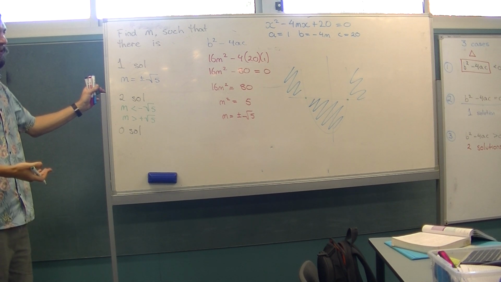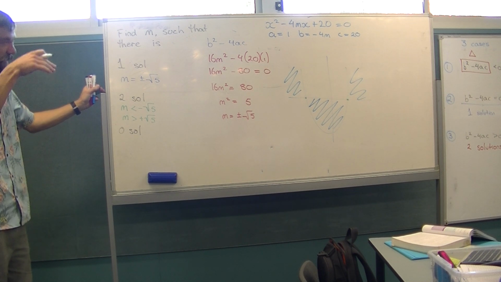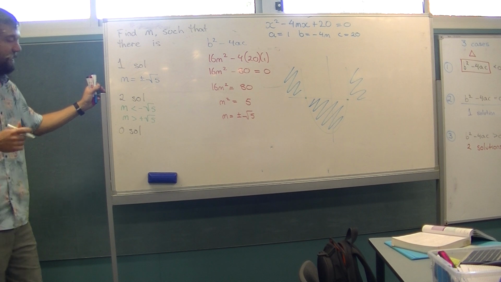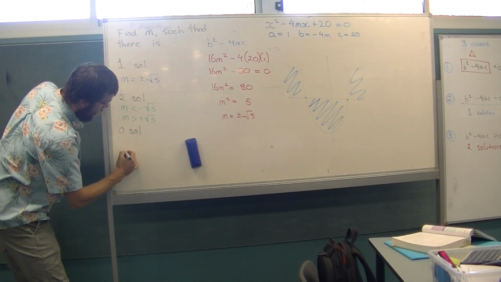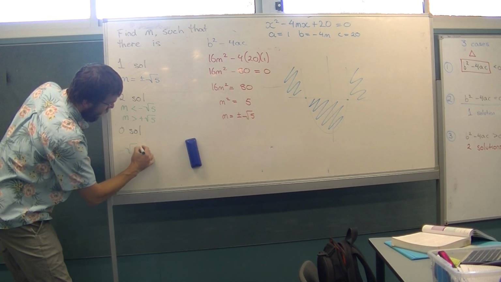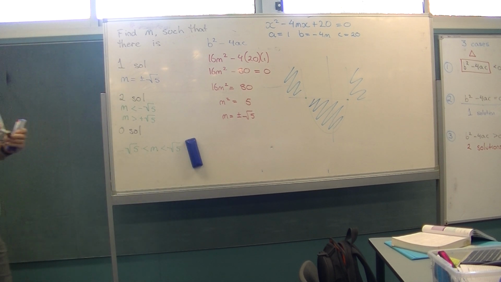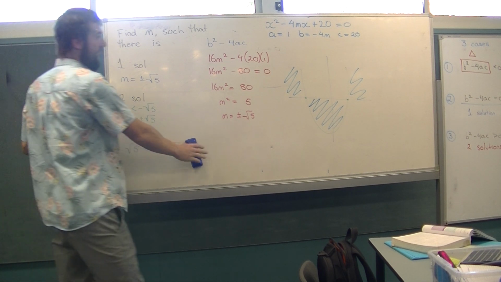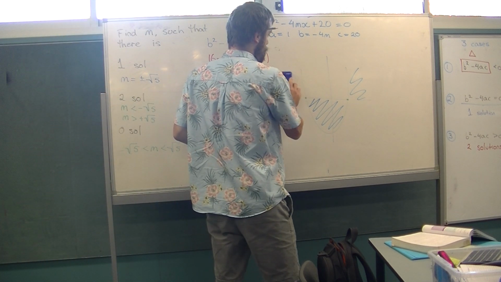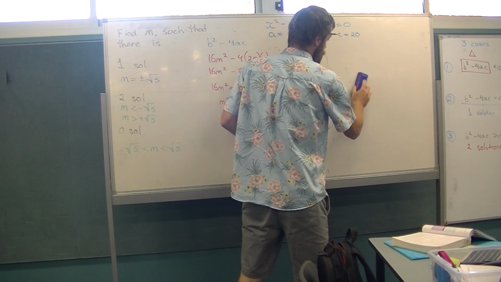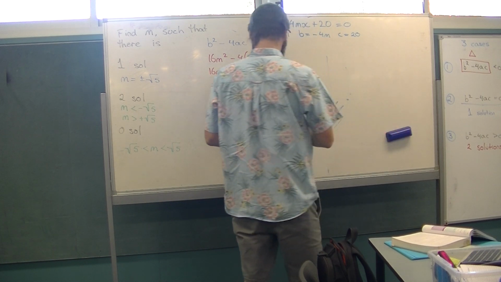For no solutions, that's the inside area where the parabola is less than 0. So negative root 5 is less than m, which is less than positive root 5. The important part is getting the regions translated into an inequality, and I'll do them in different colours.